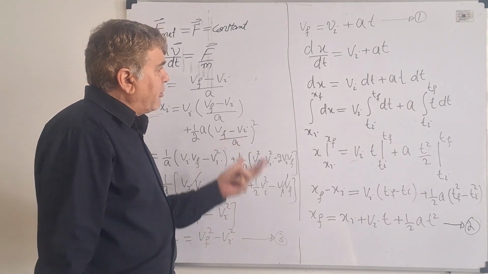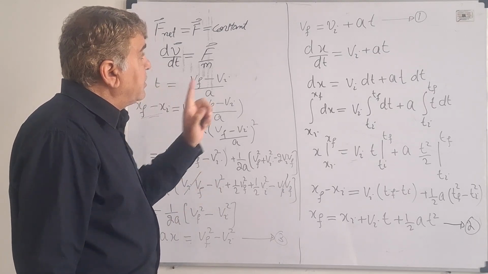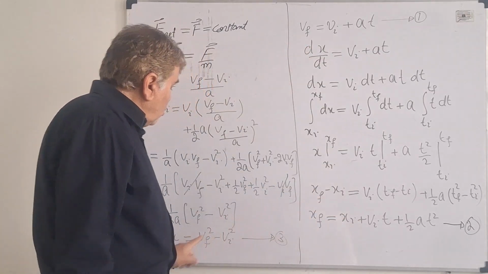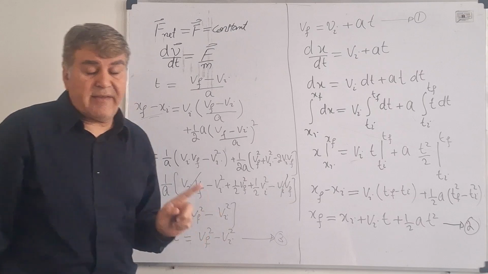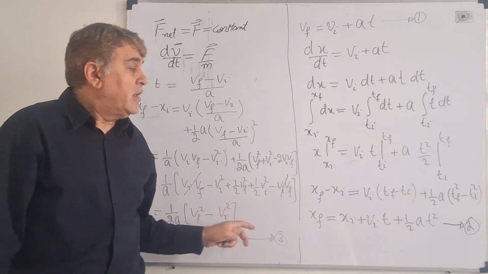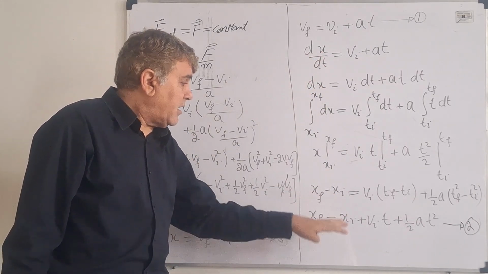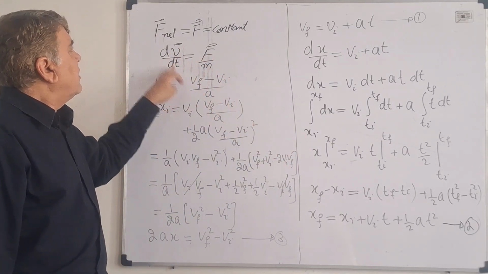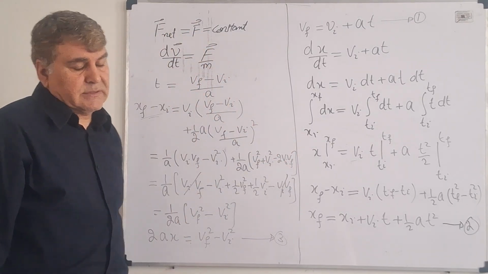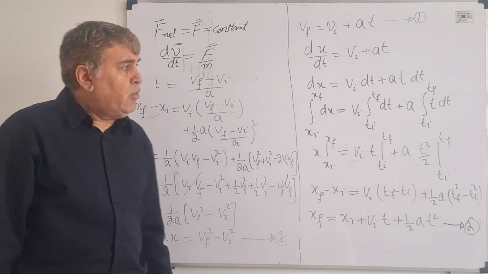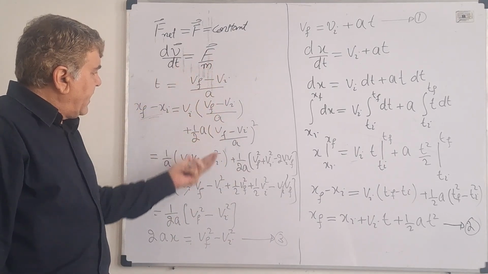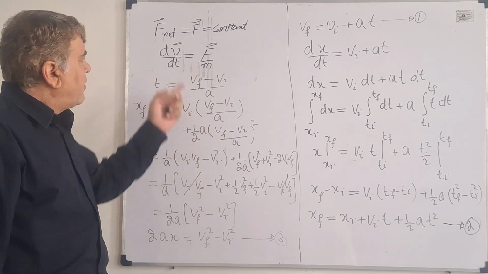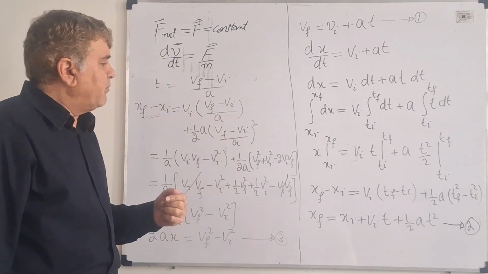So these are for constant acceleration, but remember, we use these relations only when the acceleration is constant. If the acceleration is not constant, we cannot use these equations because we solve Newton's second law based on this condition. Now you can replicate the same calculation for y component and for z component.